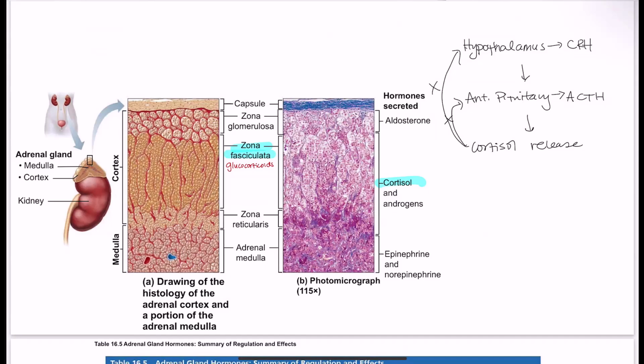But if we're in times of stress, this is also going to be like the SNS is working, right? And so with cortisol, it actually helps the SNS because we get better at vasoconstricting, which also helps with blood pressure. This is great in times of stress because we're mobilizing the body.